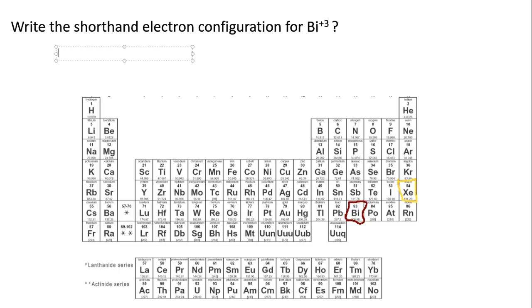First, we're going to write the shorthand for bismuth. So it's xenon, and then we start on the 6th row. So on the 6th row, we have the 6s shown here, and it's completely filled.